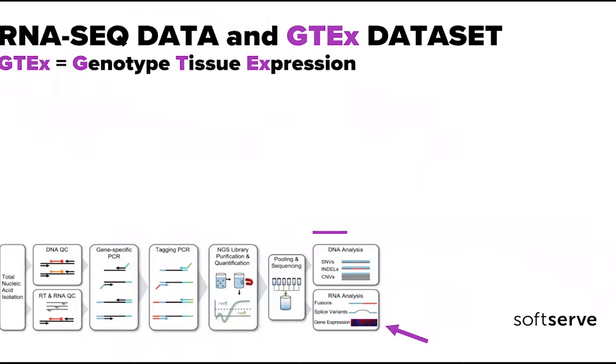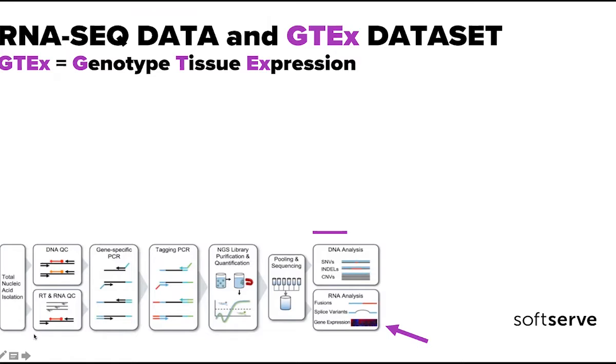In particular, the genome part means that we should somehow analyze the DNA or RNA data. We can receive gene expression data from RNA sequencing. Here is just a small part of what's going on, how to get the gene expression data.